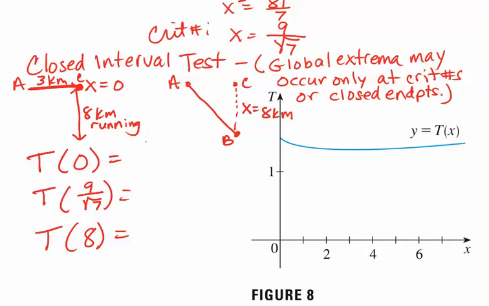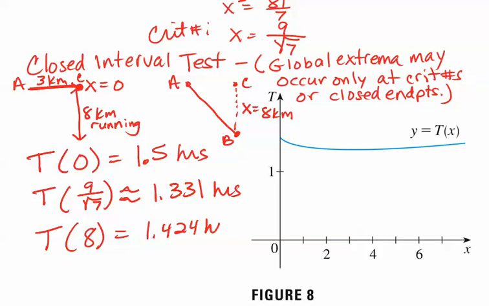So put your time function into the calculator, and I'm going to pause and come back and write those. T of 0 turns out to be exactly 1.5 hours. This one we could round to 1.331 hours. And here 1.424 hours. And we wanted to do the minimum.